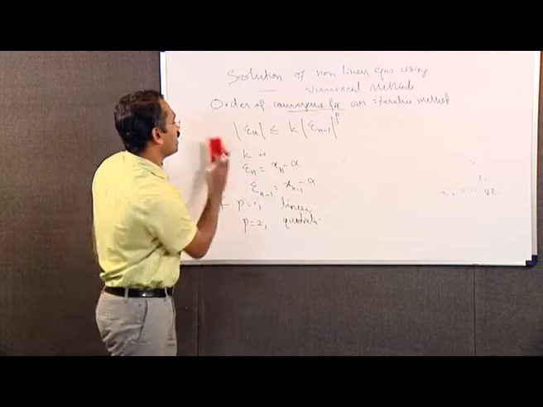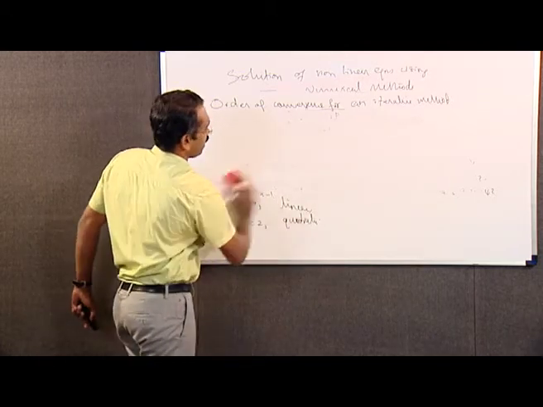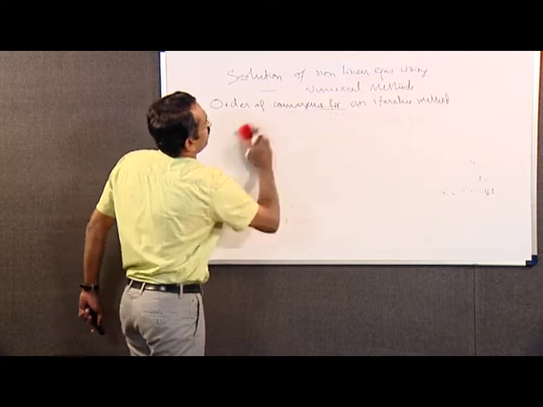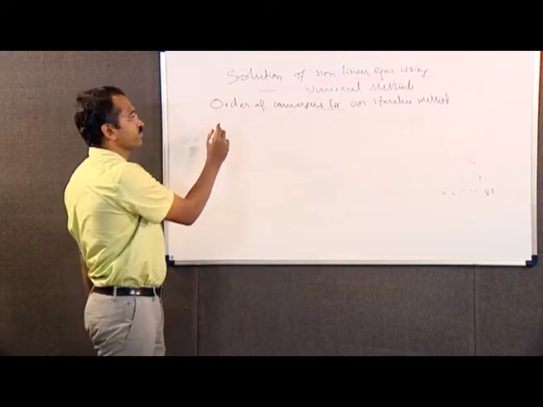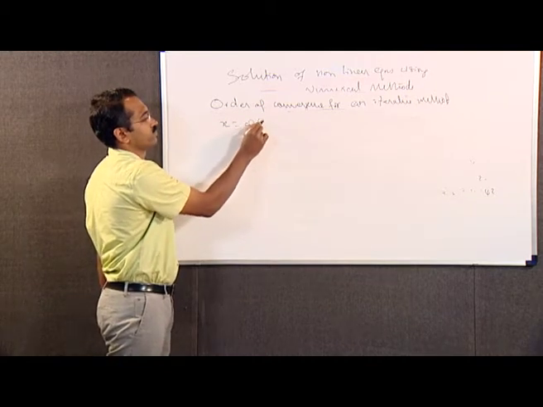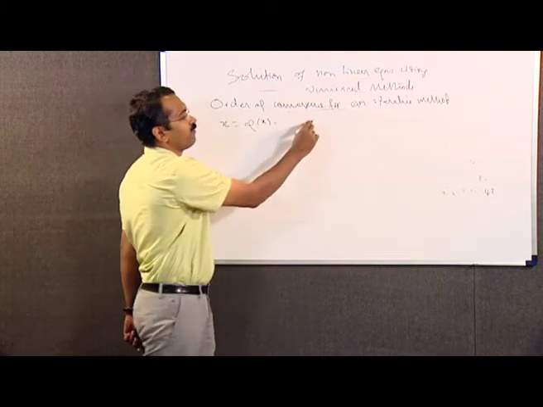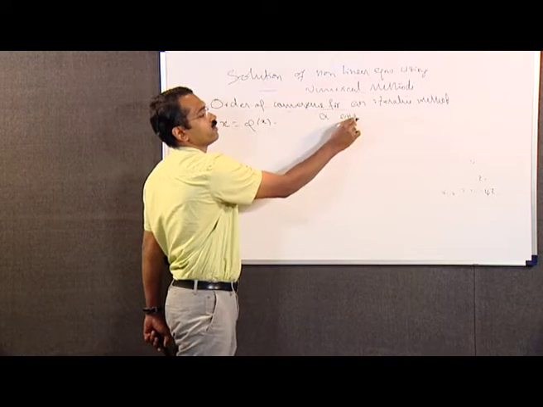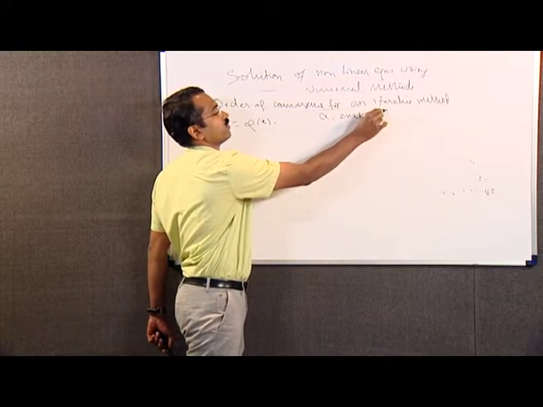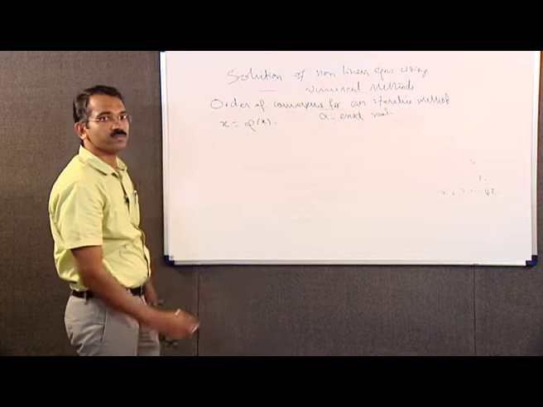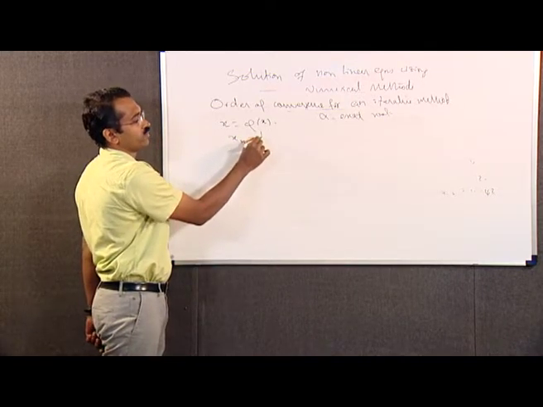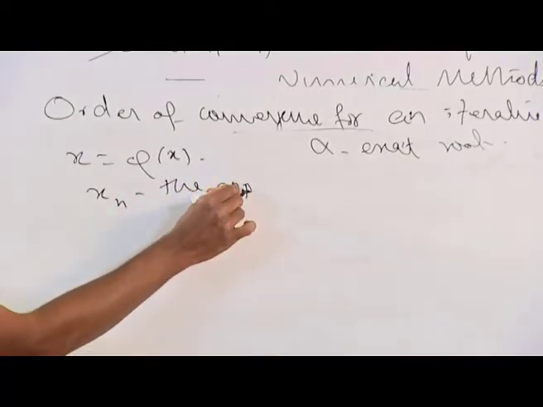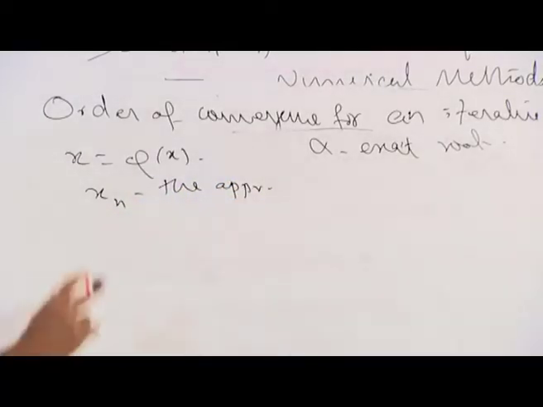For the fixed point iteration, we have x equal to phi of x. Let alpha be the exact root. Let x n be the approximate value of the exact root.